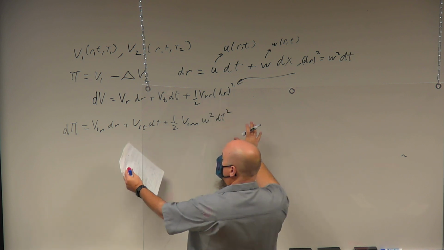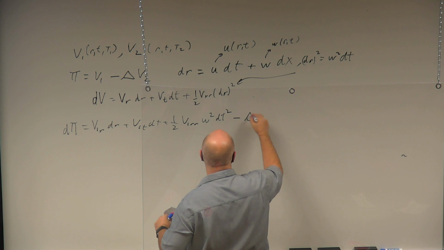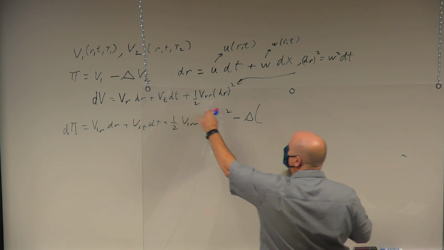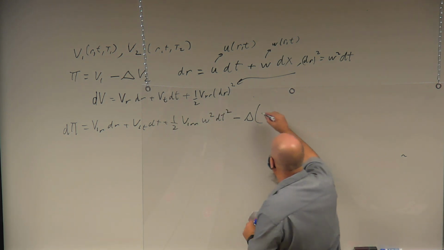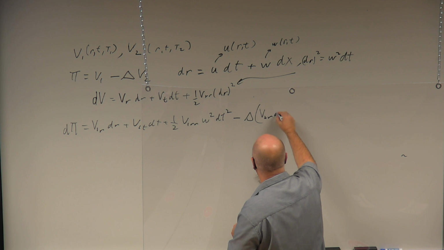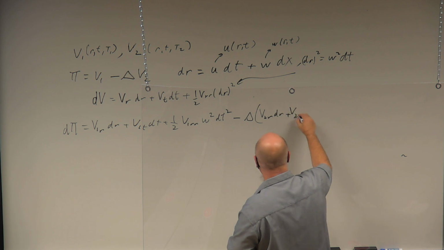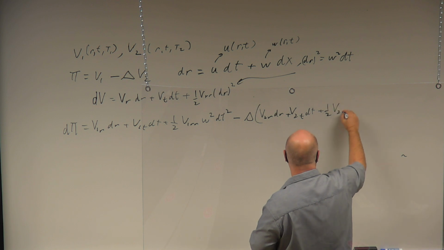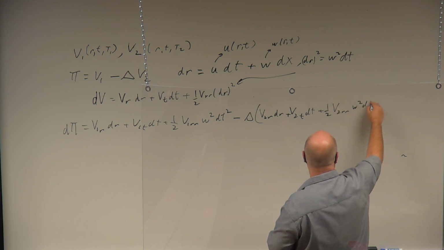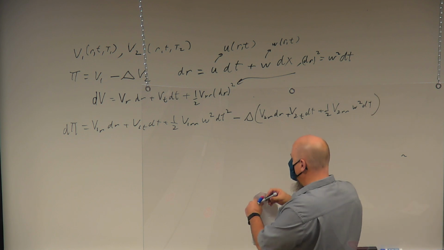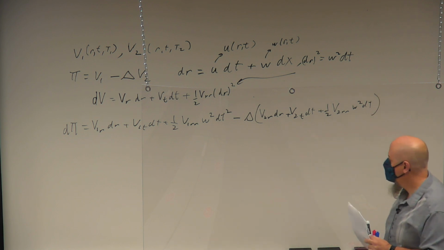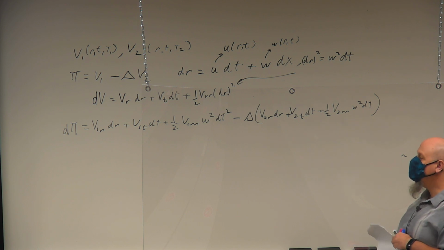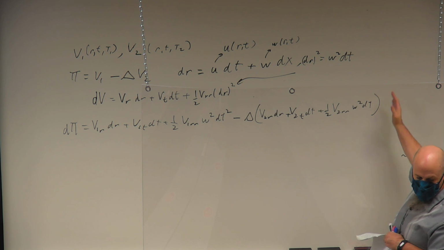So there's the change of bond 1 minus delta, which is a number, times the change in bond 2. It's just me writing this whole thing again, but they're all bond 2s: v2r dr plus v2t dt plus 1/2 v2rr w squared dt. So there's the change in my portfolio.